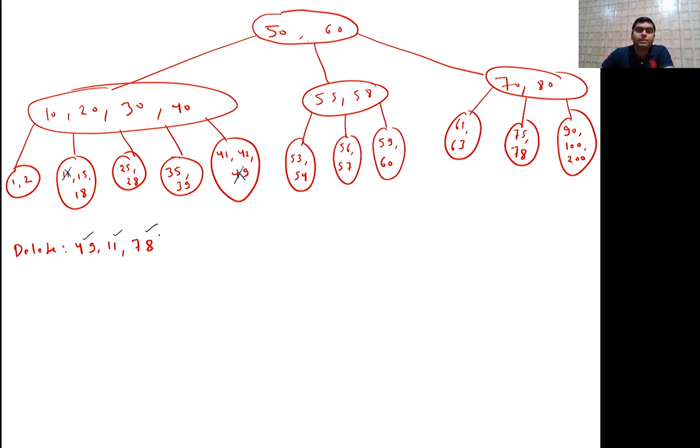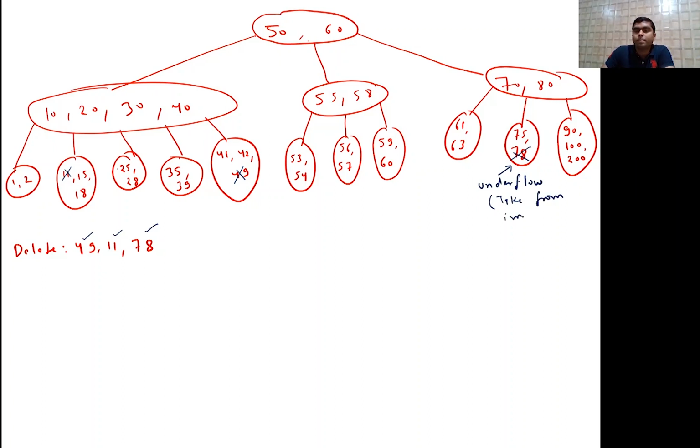Now next is 78. We search after 60, between 70 and 80, and this is 78. If you delete this 78, underflow happens, because the minimum number of keys required is 2. So we take from the immediate siblings.